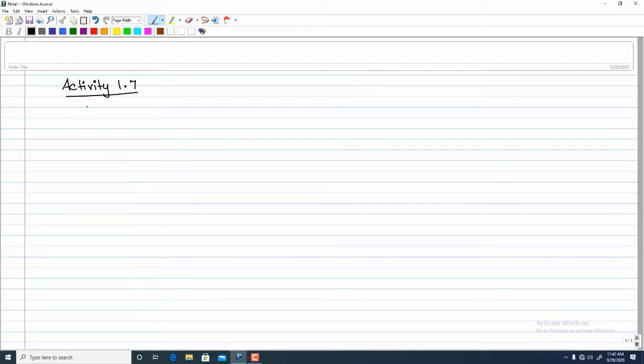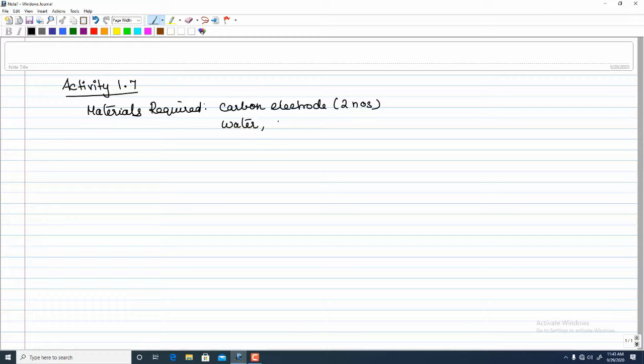So what are the materials required for this activity? You have to take 2 carbon electrodes, that means 2 in number, and water, then dilute sulfuric acid, then a battery and connecting wire.